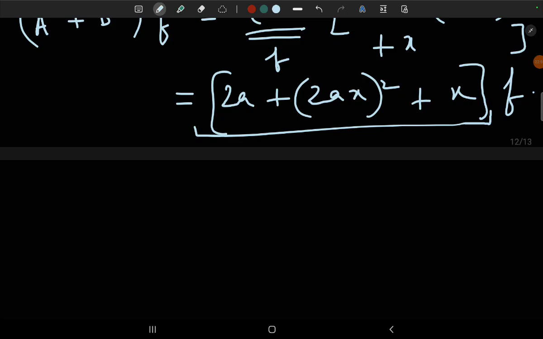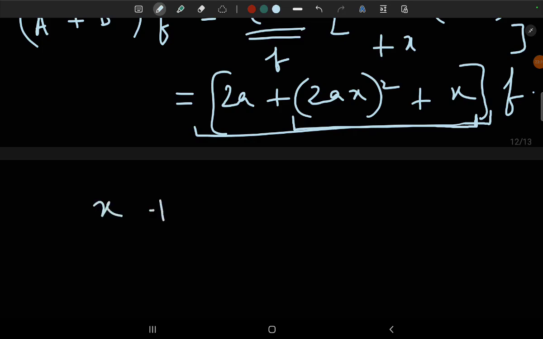Actually, we say that this has to be a constant. This part is only x dependent, right? So the x dependent part now has to go away from this equation.